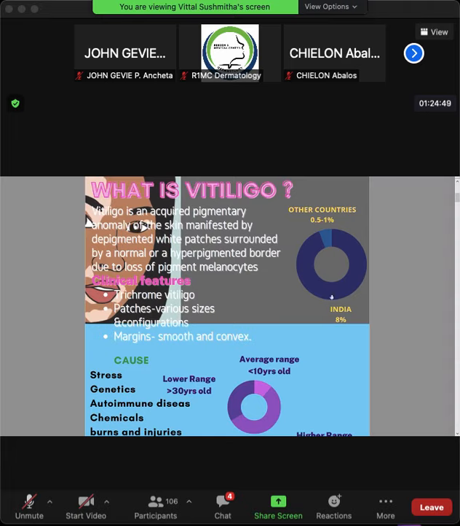Vitiligo is an acquired pigmentary anomaly of the skin manifested by depigmented white patches surrounded by a normal or hyperpigmented border due to loss of pigment melanocytes.